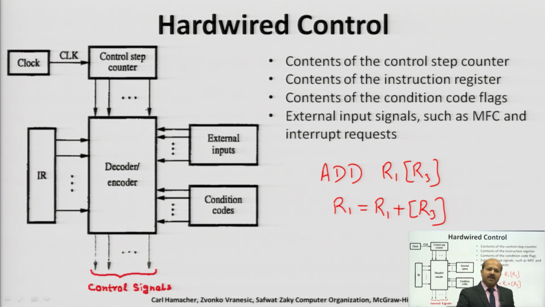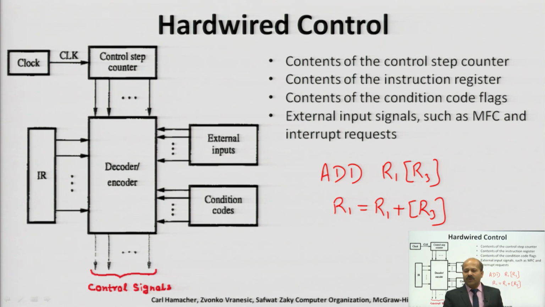The first step is instruction fetch, and to fetch the instruction, the program counter will provide the address, and accordingly the memory address register will work, and the address is transferred through MAR, and the fetch operation will take place.